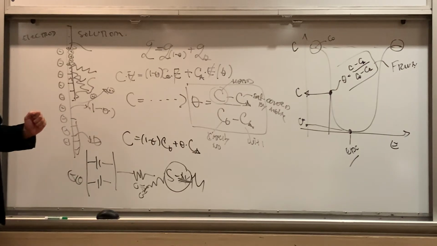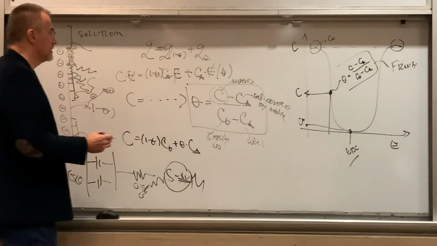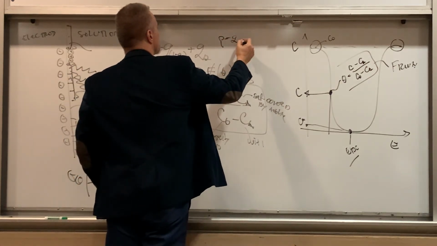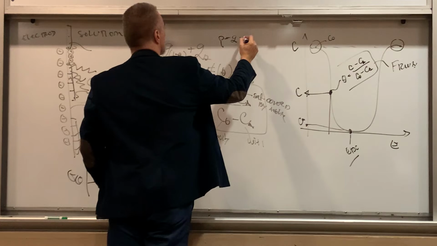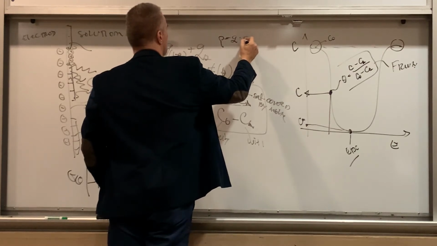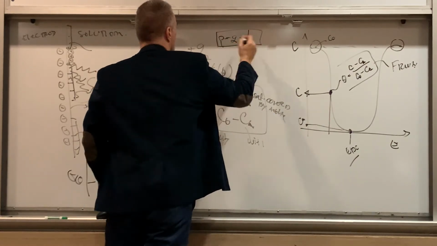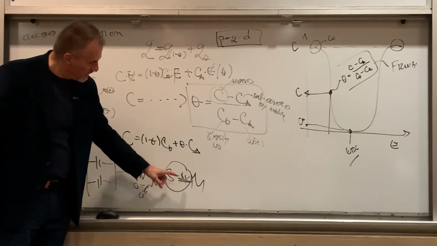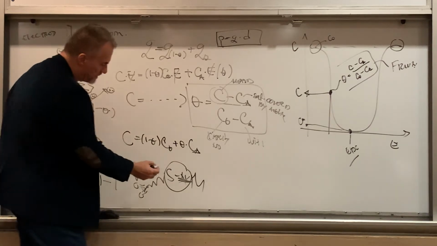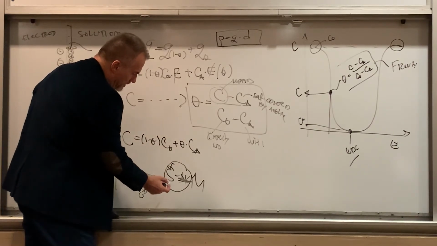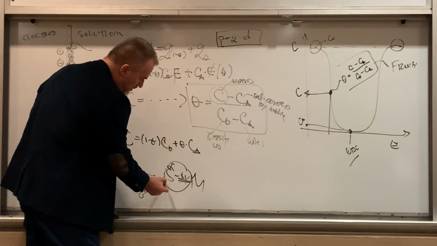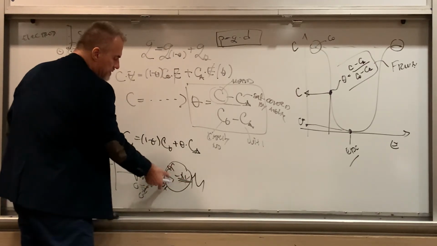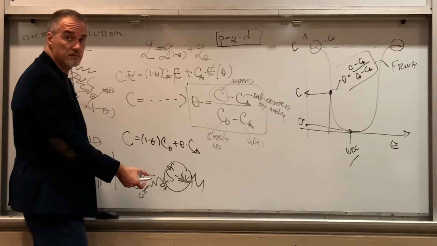Now, this molecule has a very small dipole. If you don't know what the dipole moment is, P is equal to charge times the charge separation we call D. Now, charge separation is the distance between these two centers of the charges. So if this is partially negative, then this part here will be partially positive, where the carbon is, etc. What I'm trying to tell you, this is a dipole.